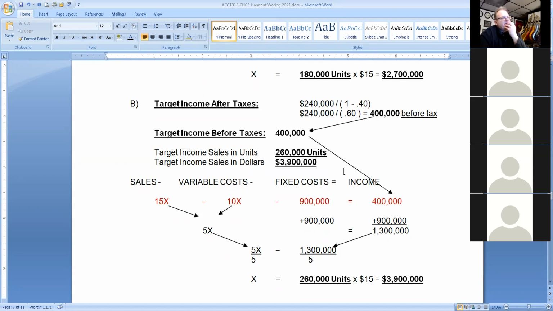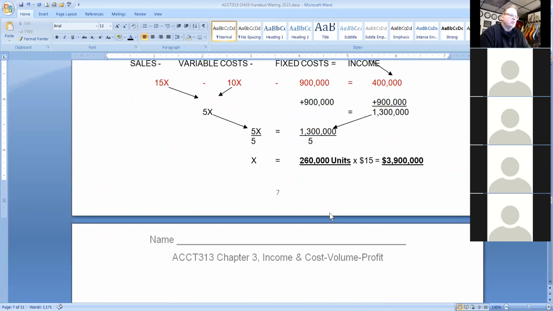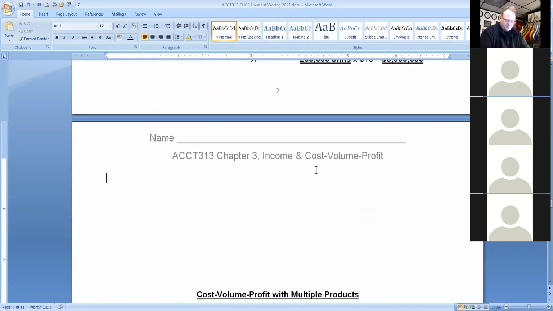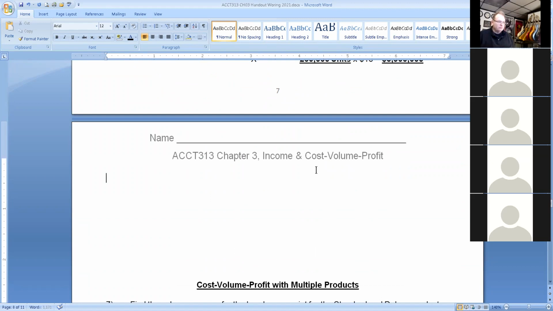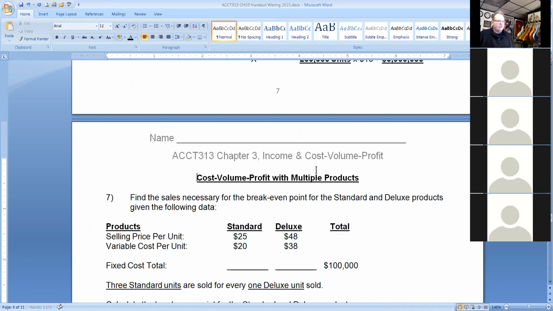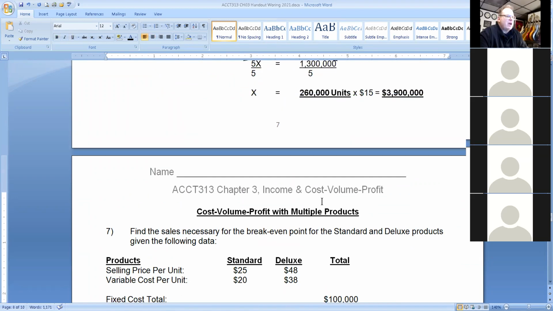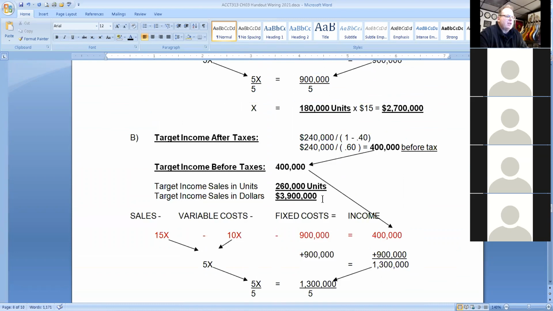Okay, that's probably enough fun for tonight. Hold on to this handout. Next week, we're going to do 7 and 8. I'm going to put in an assignment for the problem we did together, 3-31.